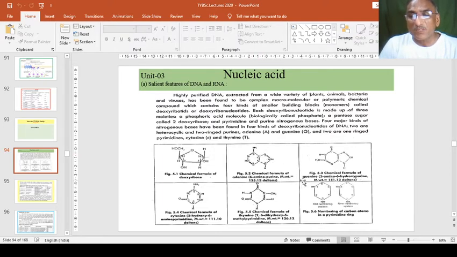Guanine is 2-amino-6-hydroxypurine, with a molecular weight of 151.13 daltons and a double ring: one hexagon and a second pentagon ring.